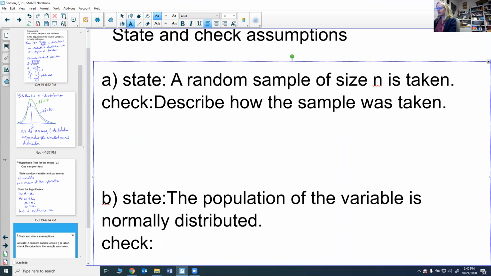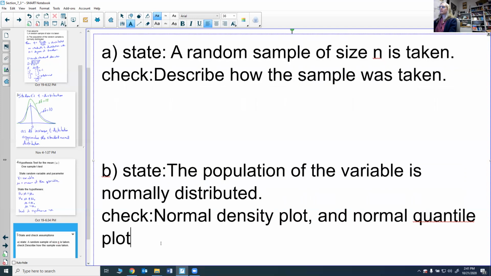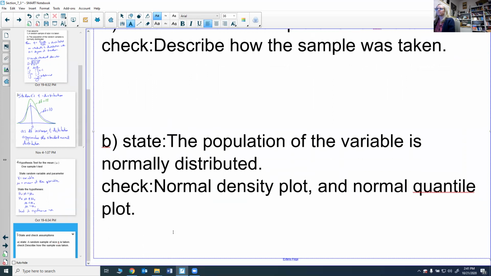And we check this using the normal density plot and the normal quantile plot. Remember, your normal density plot should look like a bell-shaped curve. Your normal quantile plot should look linear.